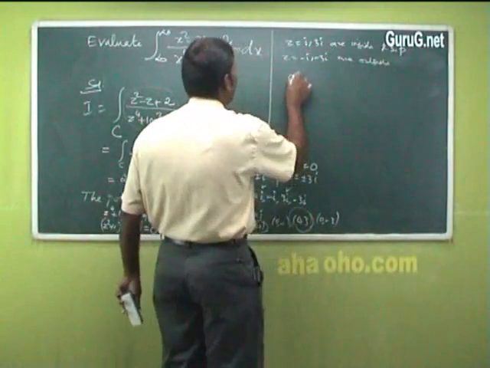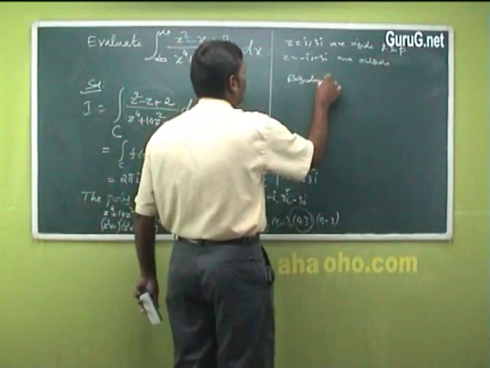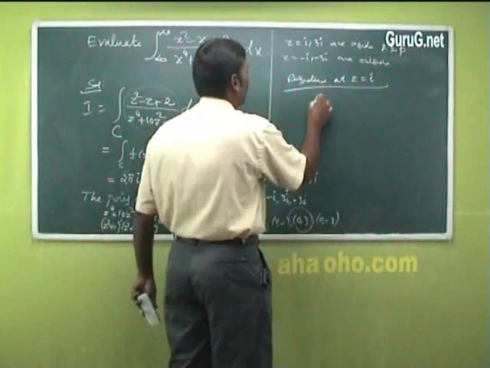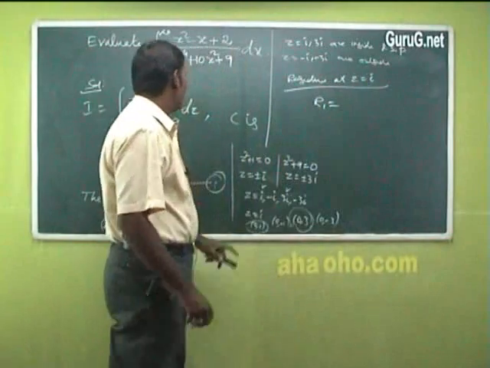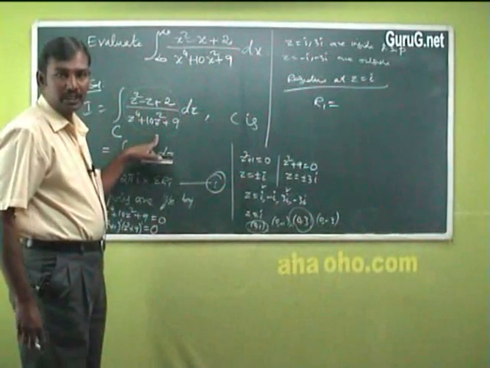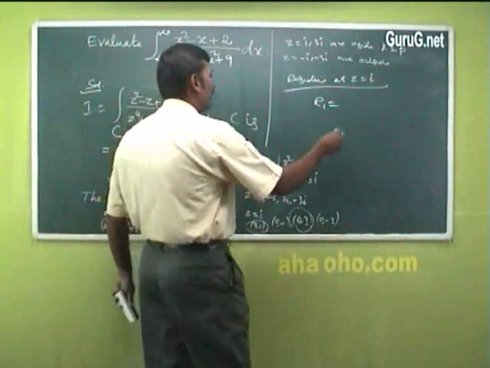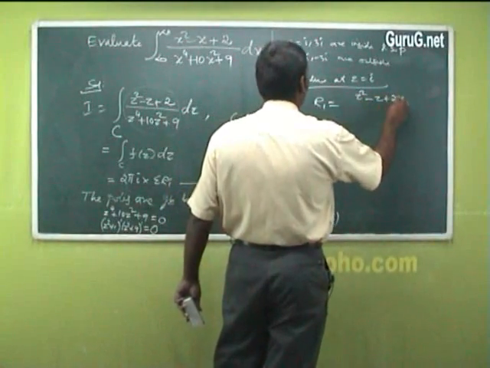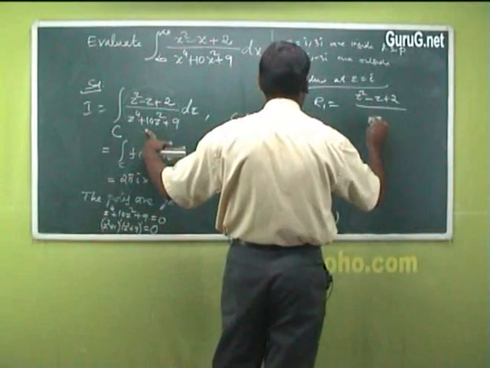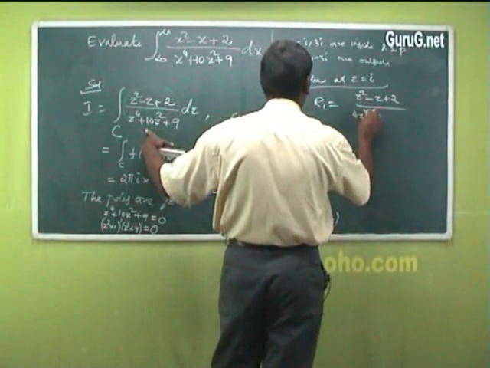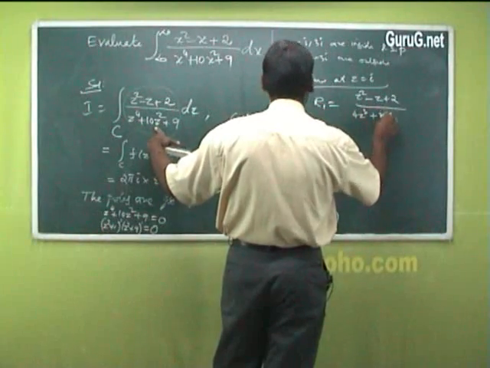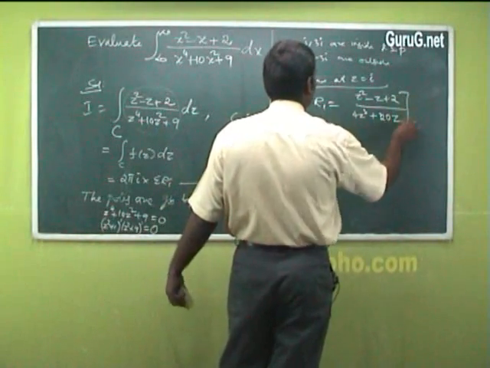So therefore the residue at z equals I. For simple poles, what is the formula? Now it is the formula p of z by q of z, so p of z, that is z squared minus z plus 2, by the derivative of the denominator, so 4z cubed plus 20z, at z equals I.